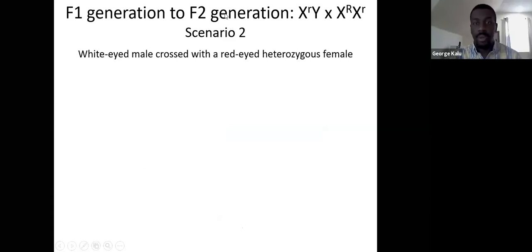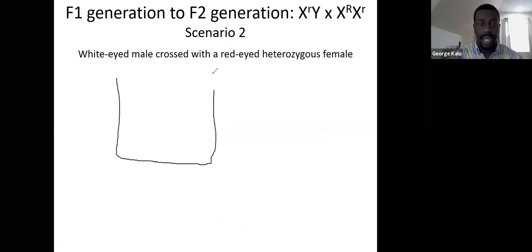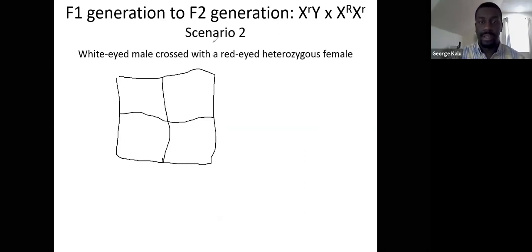Okay. So we'll do one last example here. Here we're looking at a white-eyed male, and we cross him with a red-eyed heterozygous female. So again, if we do our Punnett square, I think that's the best square I've done so far. This is rad.